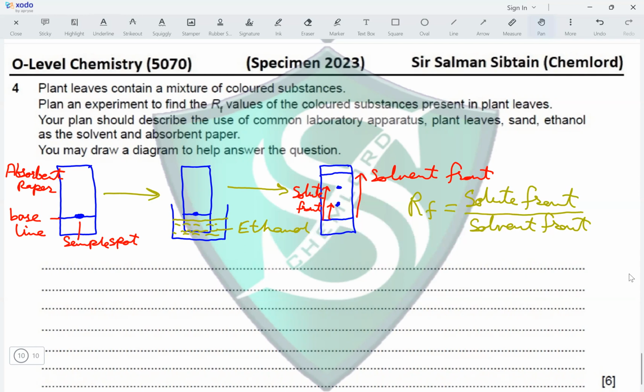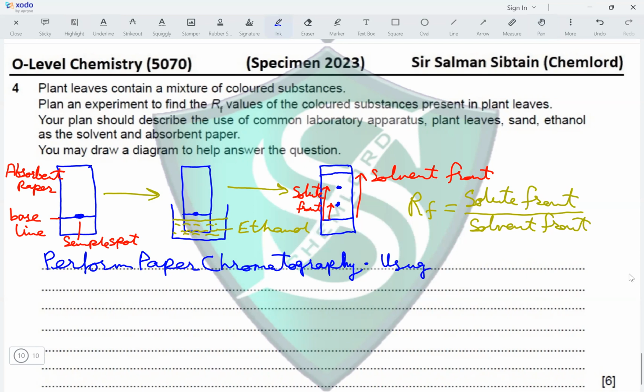Now we need to put the method down in words. So let's begin. Perform paper chromatography. So we have defined the technique that we will be using here. Okay.